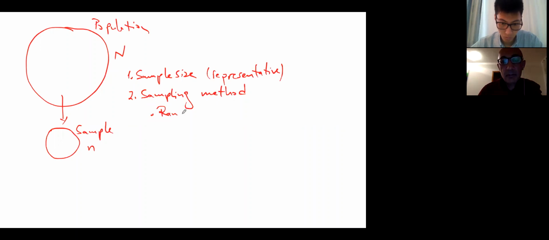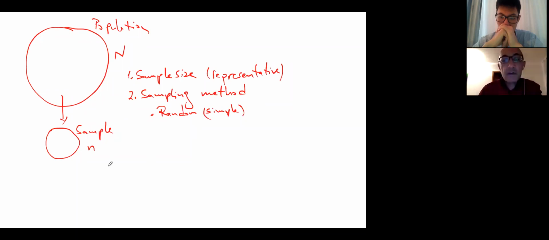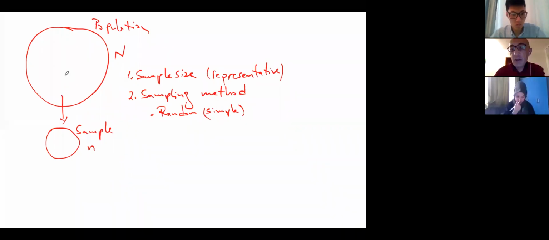Random, simple, or simple random. Simple random sampling, which means either you use random numbers or the computer, or use the dice or some random method to decide which individuals from your population are going to be sampled.